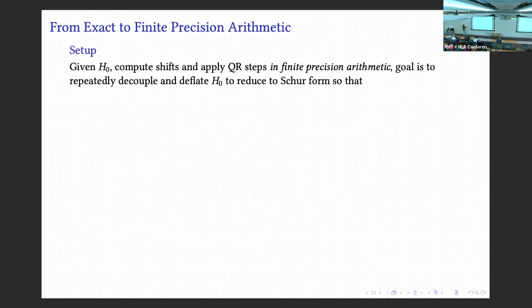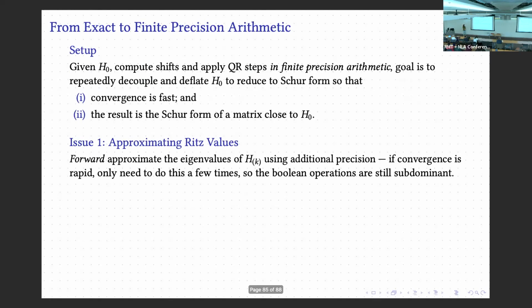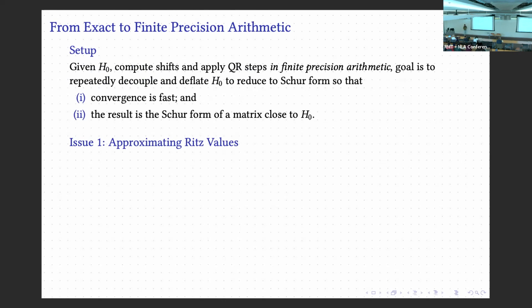Okay, so there are yet more problems when you go to finite precision arithmetic, right? All of these things are happening only approximately, and so you need to do some more work to fix that. Another issue, by the way, is that once you move to higher degree Ritz values, the shift in the normal case was a function of the eigenvalues of a 2x2 corner of a matrix, which you can calculate exactly because they're just the roots of a quadratic polynomial.